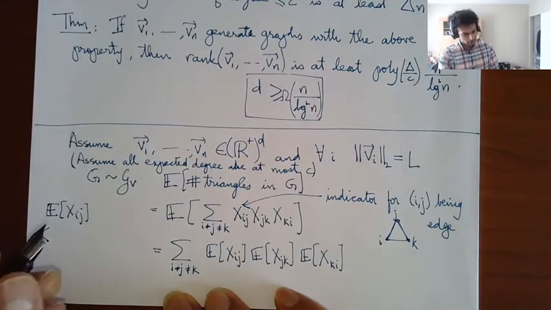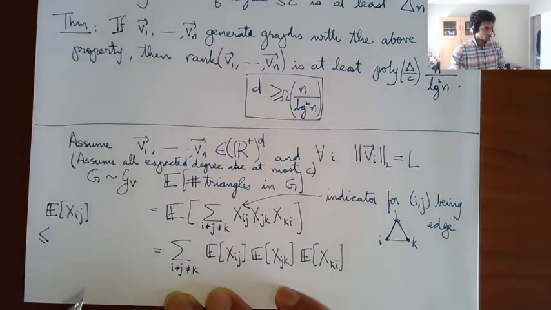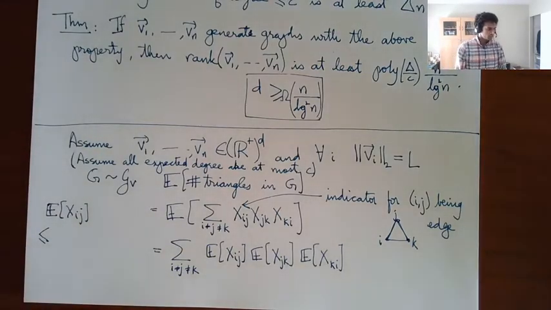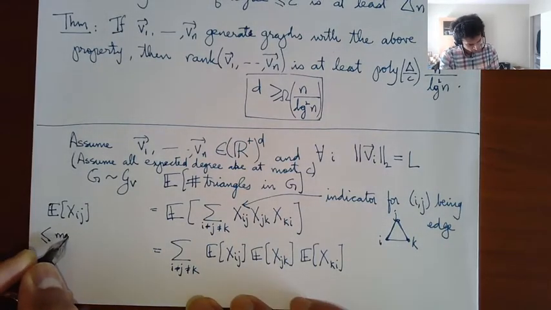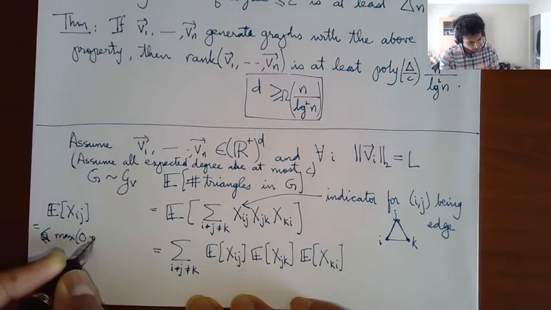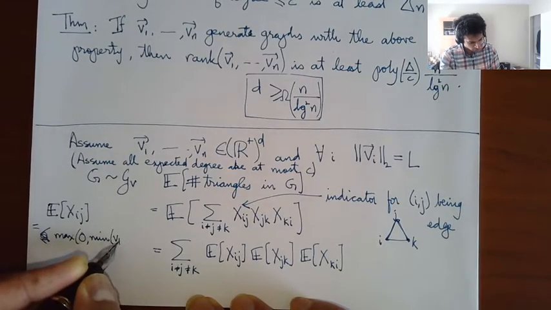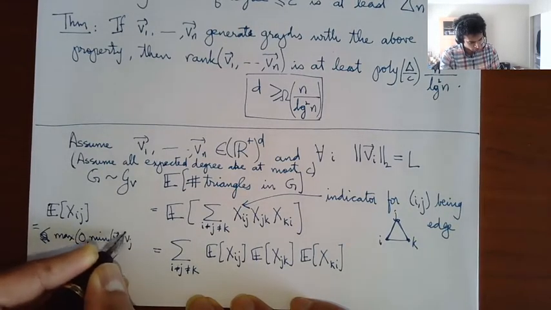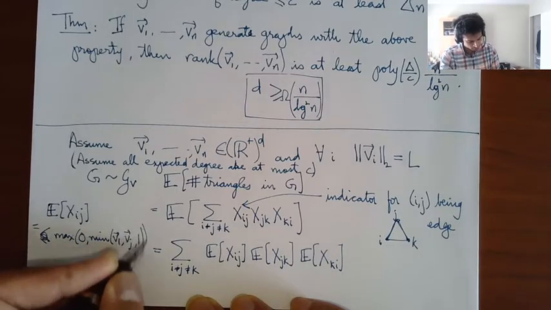It was exactly equal to the max of 0 and the min of v_i dot v_j and 1.